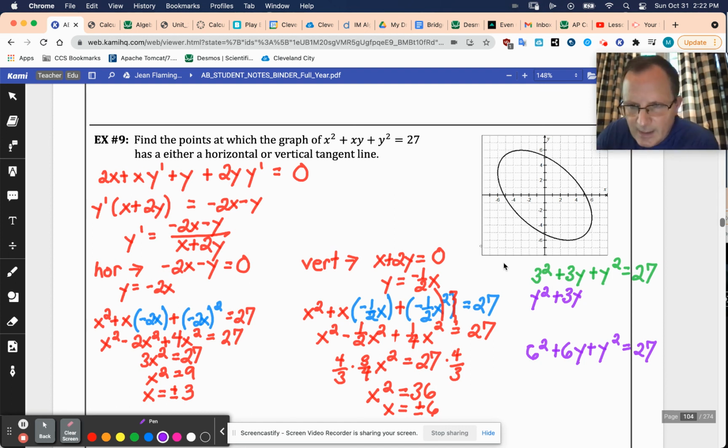So negative 18 equals 0. And that factors as y plus 6 and y minus 3.